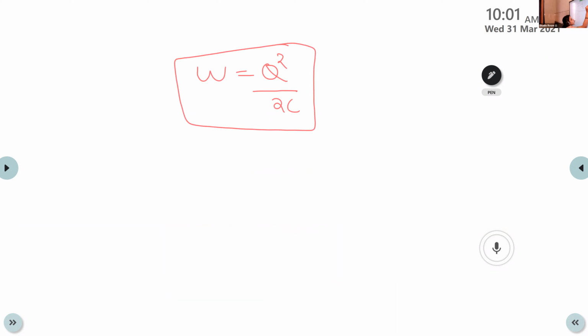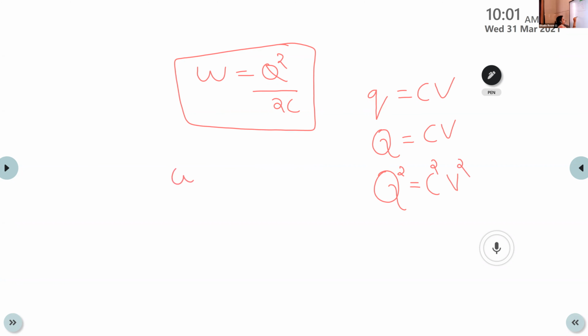Students, we know that Q is equal to CV, right? Then what about Q square? Q square is equal to C square V square. So substitute this value here.